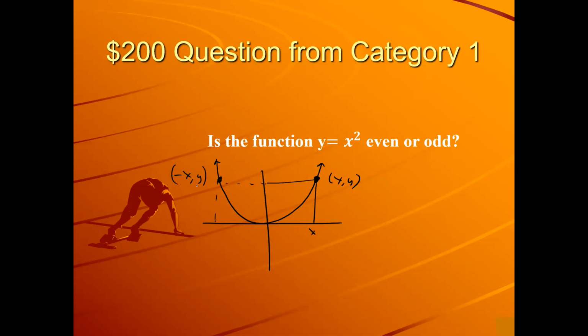So getting a negative x or a positive x does not change the value of the y. The y stays the same. Or we say this: even means if I were to fold this graph on top of the y-axis, the graph will fold right on top of itself. That's what an even function means.